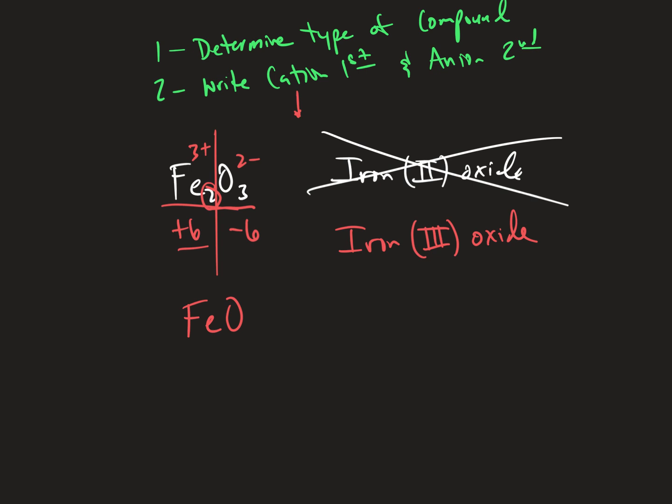See if you can do this. It's iron oxide. Is it a transition metal? Then it's not just iron oxide. It has a Roman numeral.